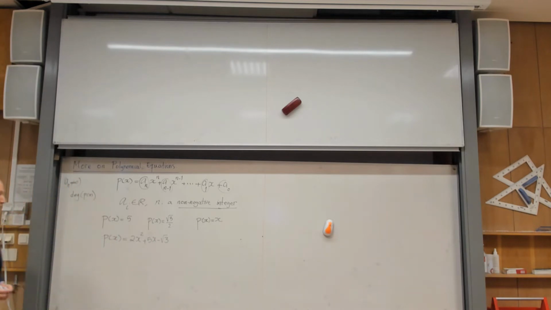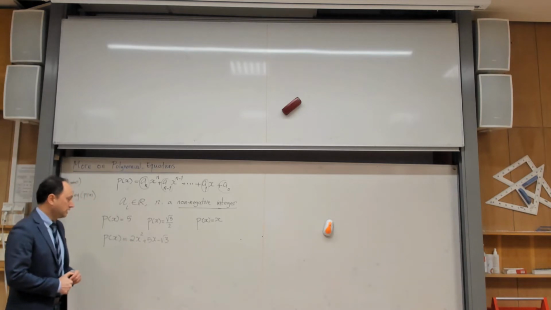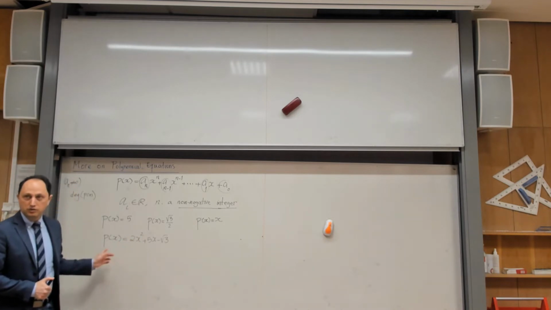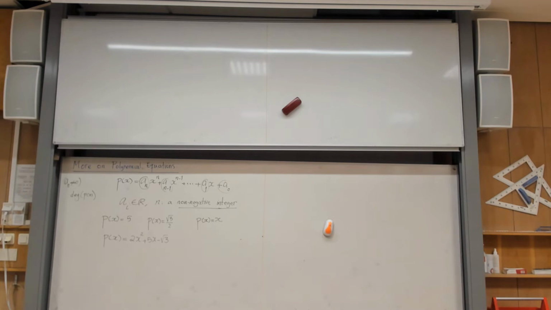That is also a polynomial. If I ask you what the coefficients are, they would be 2, 5, and minus the square root of 3, and the highest power of the variable which appears is 2, so that is a second degree polynomial. Yes? So if you don't mind, let me change this.